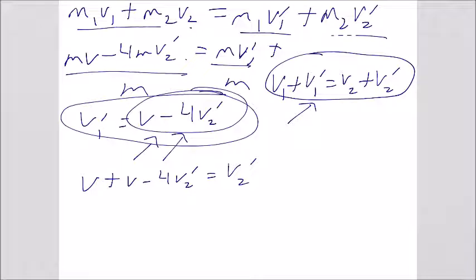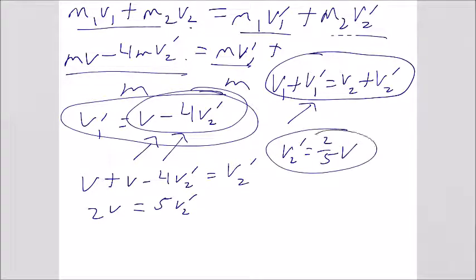Now we're going to combine our like terms. The easiest way to do that would be to add together the two v's here to get 2v. We'll add the 4 v2 prime to both sides, and then we'll divide both sides by 5. So that gives us v2 prime equals 2/5 v.